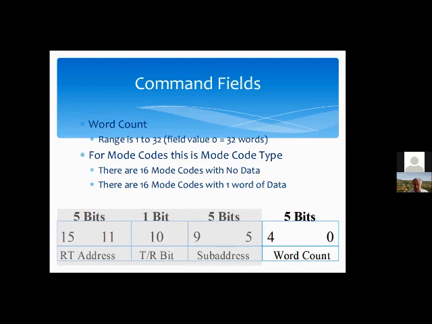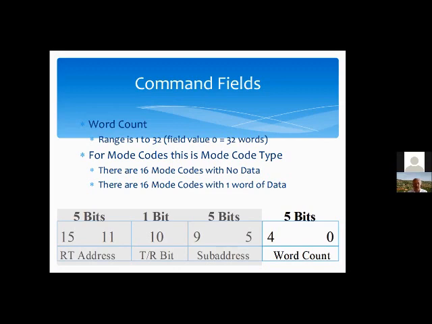So what they did was they said, well, if you see a 0 in this field, interpret that as a desire for 32 words. Now, mode codes come in 2 flavors, no data words and 1 data word. So obviously I don't need a 5-bit word count to distinguish between 0 and 1. I only need one of those bits.